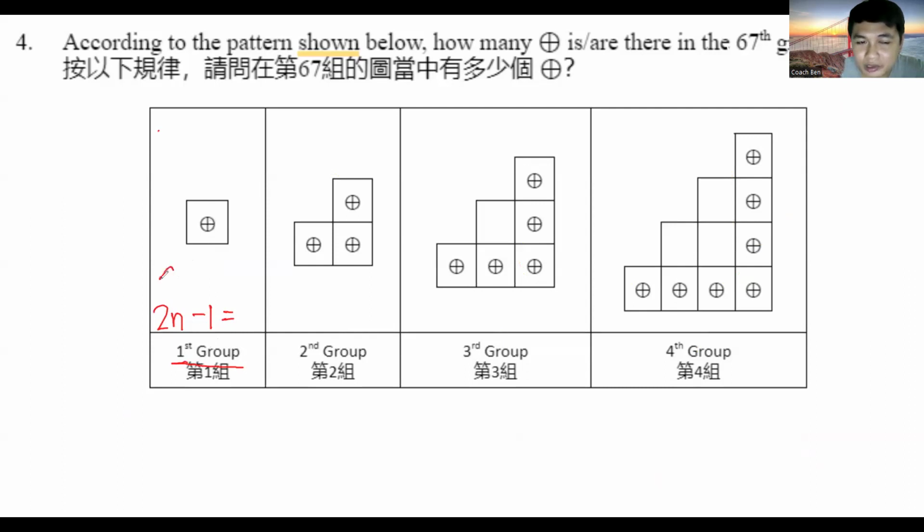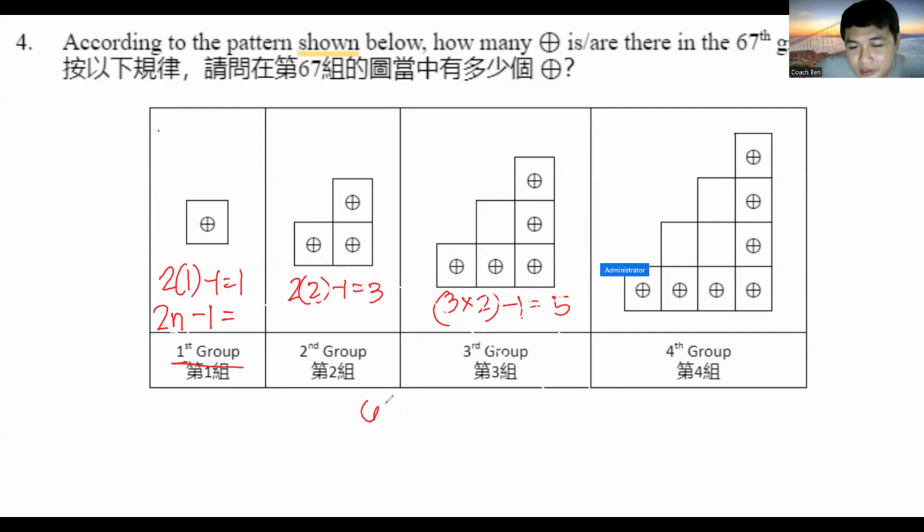For the first group, that's 2 times 1 minus 1, or 1. For the second group, 2 times 2 minus 1 is equal to 3. For the third group, 3 times 2 minus 1 is 5. For the last one, 67 times 2 minus 1 is equal to 134 minus 1.